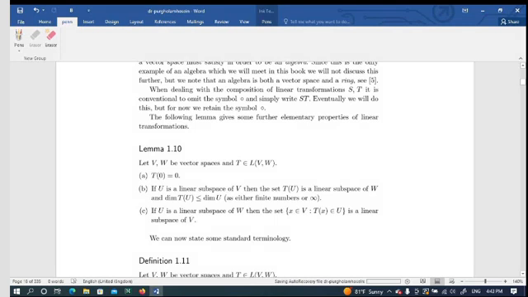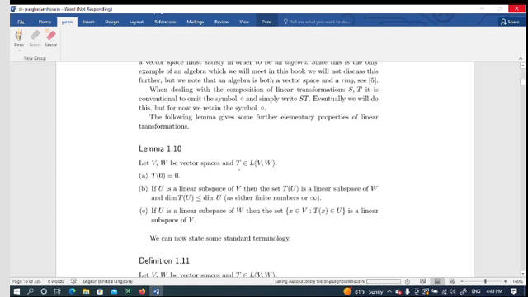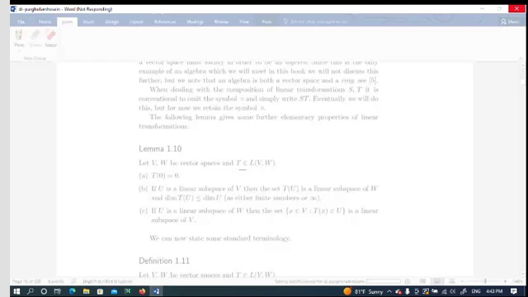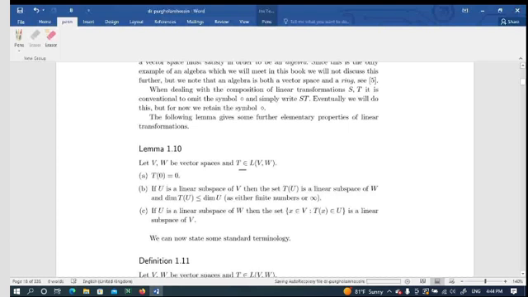Normal. Let V and W be vector spaces and T be... oh my god, okay.